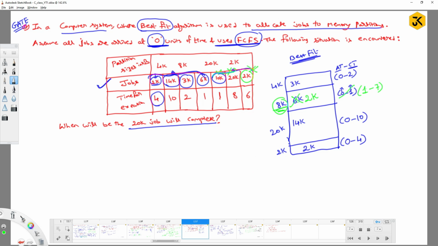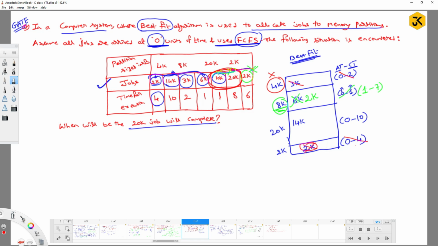After 2 units of time, 3k is also completed and that space is free now. Is there any process ready to enter? These are the 2 things ready to enter, 10k and 20k. But can 10k or 20k fit here? No. By the completion of 4 units, this 2k is also free.